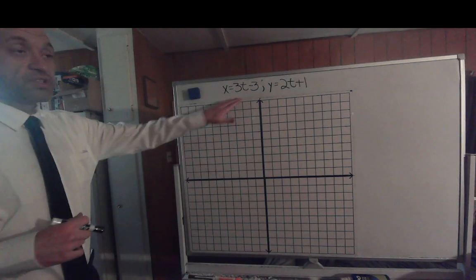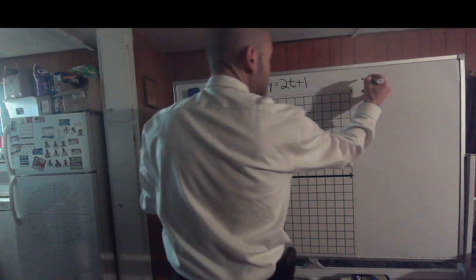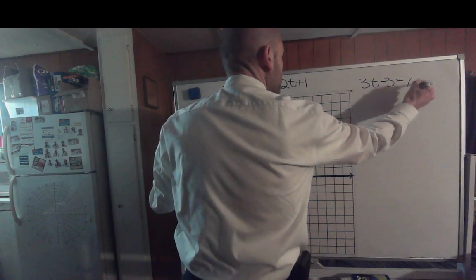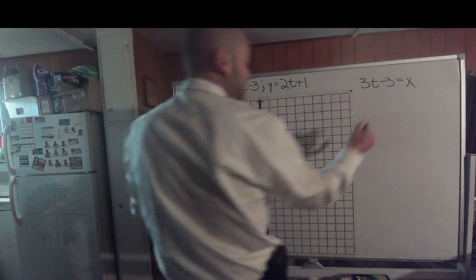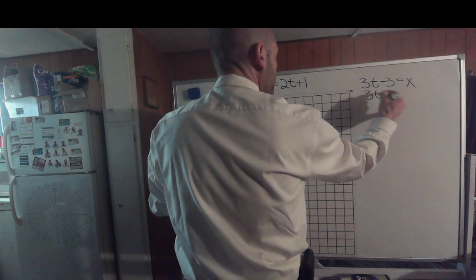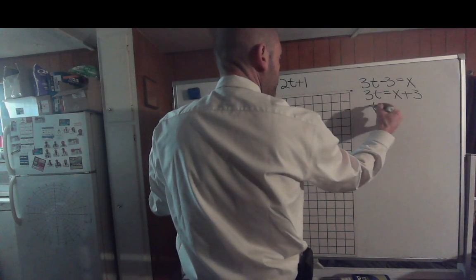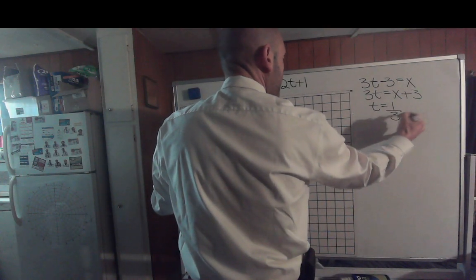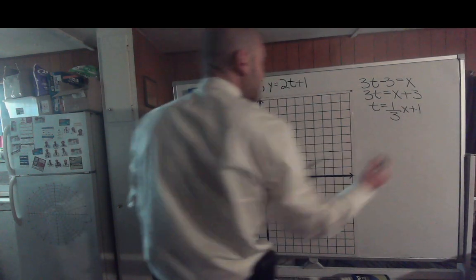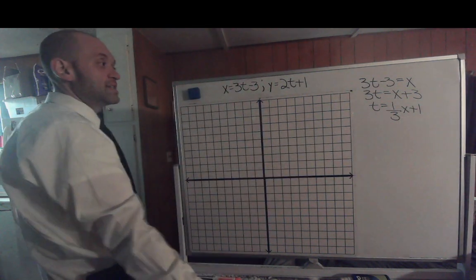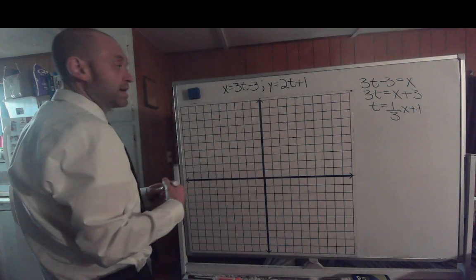If x equals 3t minus 3, well that means that 3t minus 3 equals x. Let's solve for t, so then this will turn into 3t equals x plus 3, which would give you t equals 1/3 x plus 1. So now we've solved for t in terms of x. Let's go ahead and stick that t into our y equation.